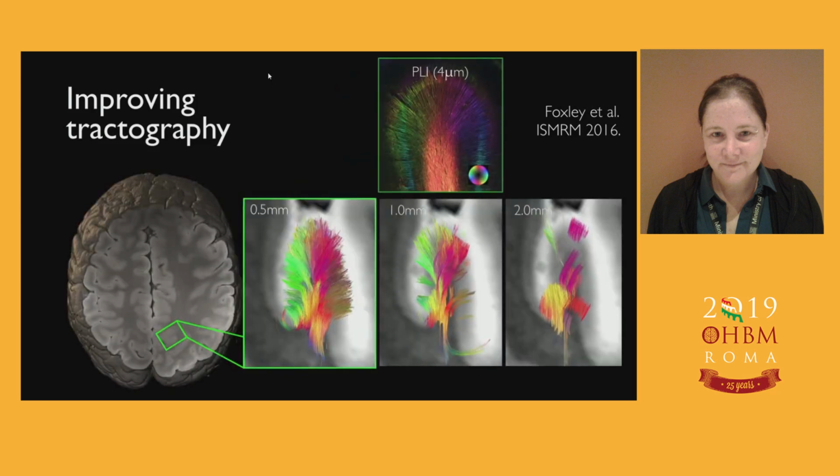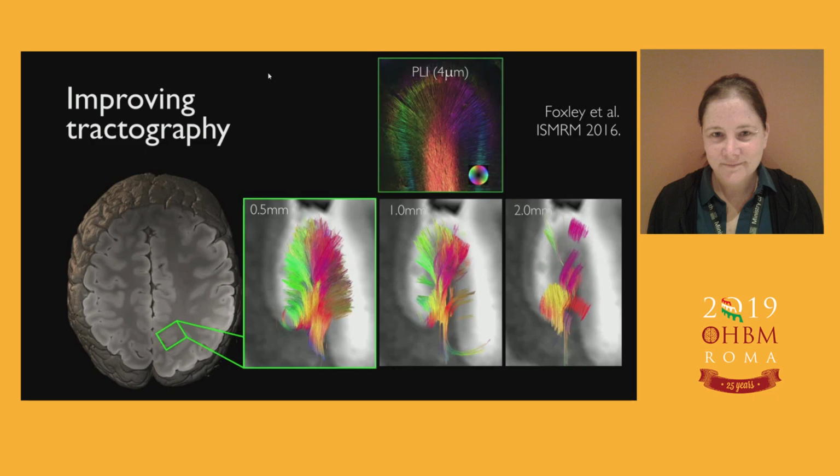Now, in that same brain, where we had the 0.5 millimeter resolution, we acquired this PLI data and then performed tractography in this gyrus. And what you can see is a well-known effect, which is called the gyral bias, particularly in the 1 millimeter data. You can see here that we have this bias toward finding connections really at the crown of the gyrus.